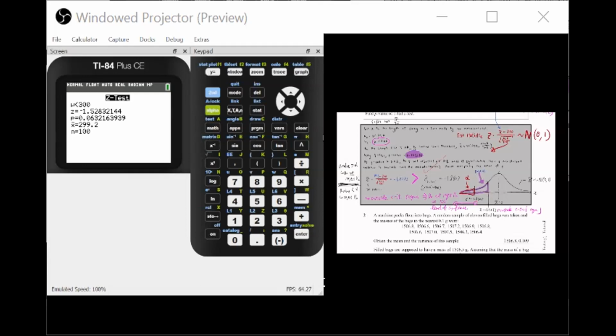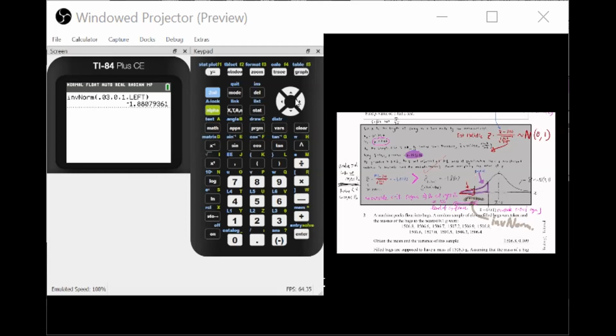No. Did I get it wrong? No, inverse norm is negative 1.8. This guy is inverse norm. You inverse norm the alpha, 0.03. So that's the critical region.